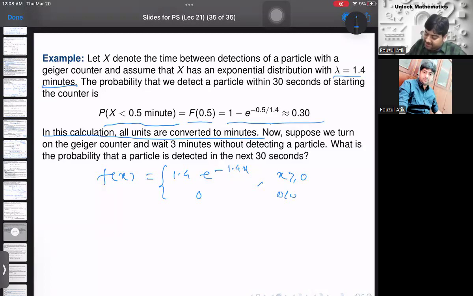And then I know its cumulative distribution function is 1 minus e to the power minus lambda x, that is, 1 minus e to the power minus 1.4 times x, whenever x is greater than or equal to 0, and equal to 0 otherwise. This is the cumulative distribution function, CDF.